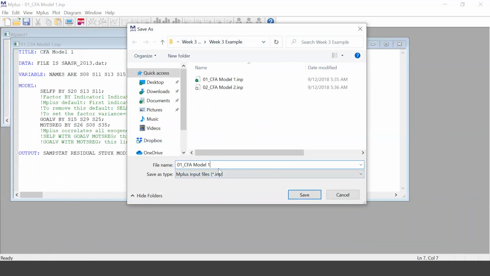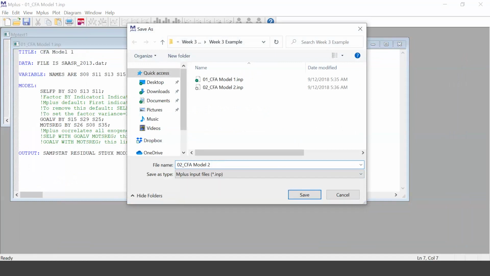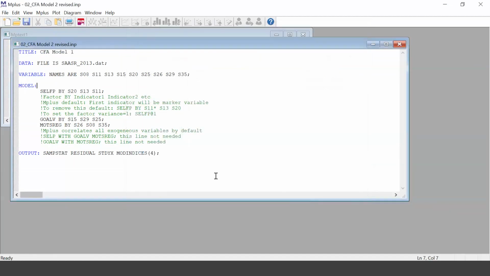I'm going to call this O2 CFA model 2, revised. I guess that's kind of obvious, but save. And now in the model command, I can just say I want to allow the errors of S29 and S20 to correlate with each other. So I can just type S29 WITH S20.